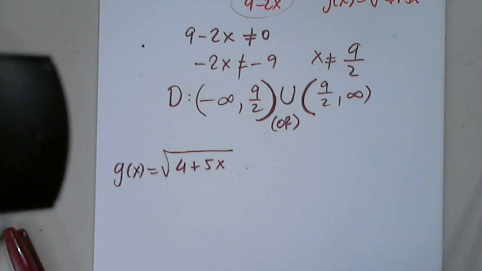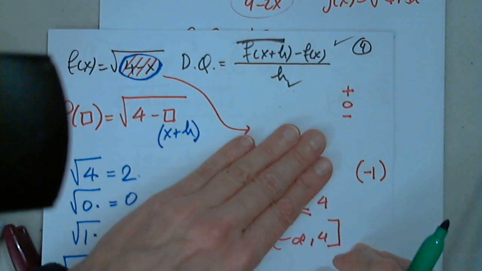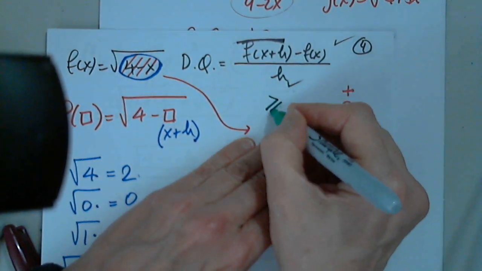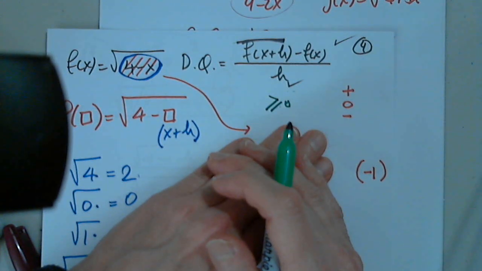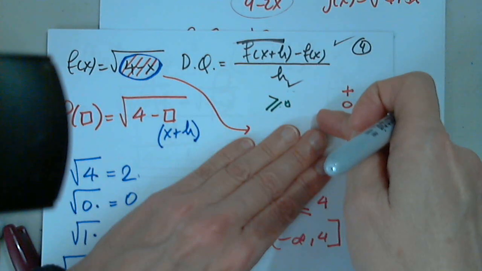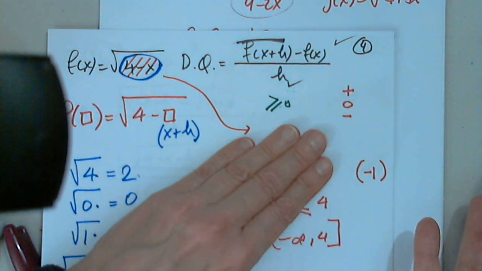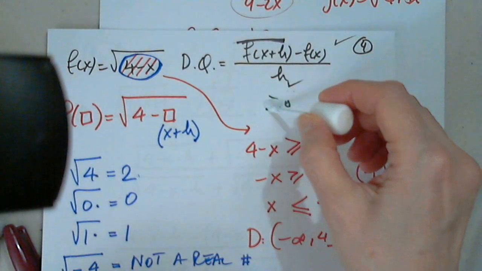So let's go back. On this problem, I did not write greater than or equal to 0, did I? I have to write an inequality. By saying greater than or equal to 0, I'm not saying anything. What is greater than or equal to 0? I need to write an inequality.